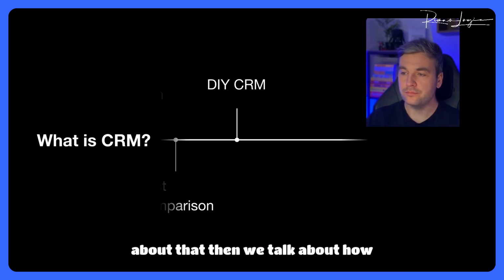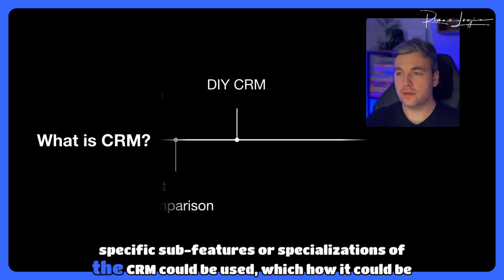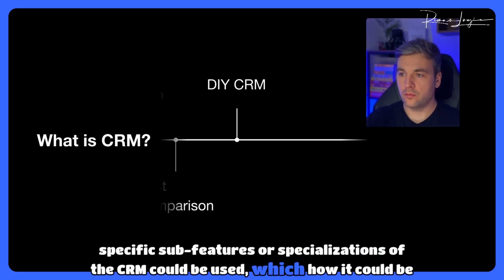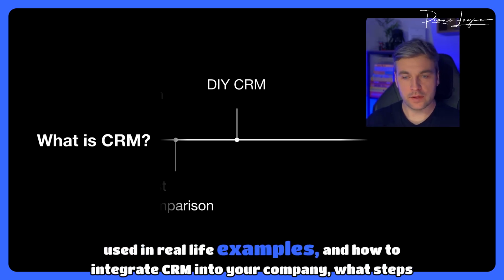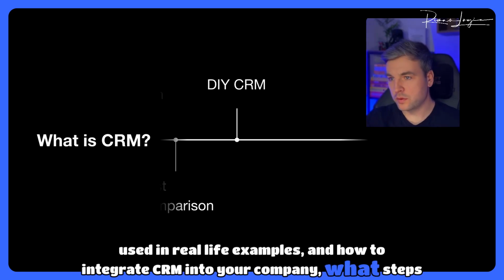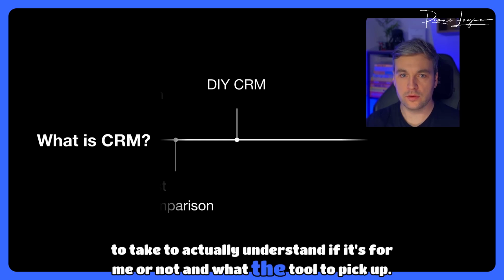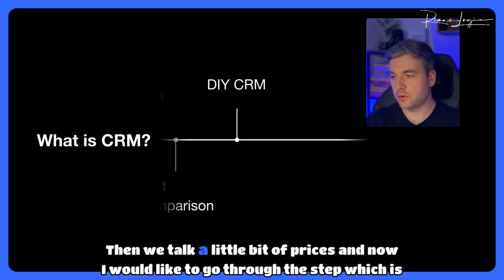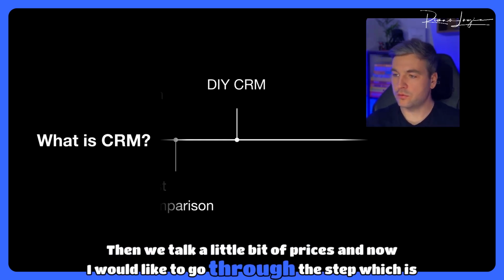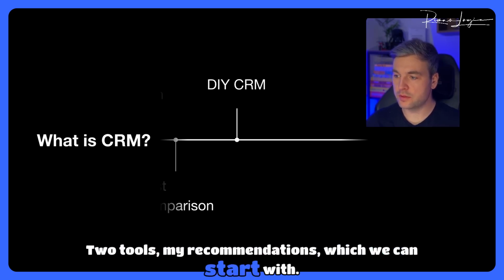Then we talked about how specific sub-features or specializations of the CRM could be used, how it could be used in real life examples, how to integrate CRM into your company, what steps to take to actually understand if it's for me or not, and what tool to pick up. Then we talked a little bit about prices, and now I would like to go through the step which is do it yourself. And here I prepared for you two tools, my recommendations, which we can start with.